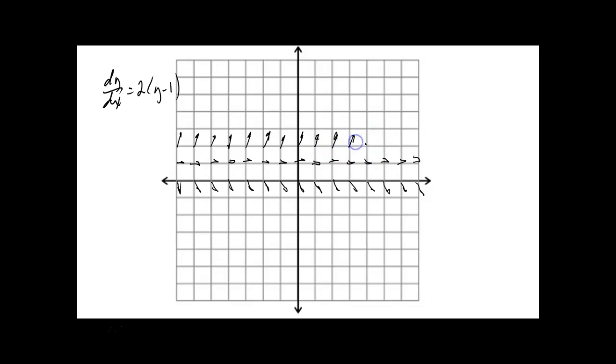Greater than +1, but not super steep. And you can go on for any value of y you choose. y equal to -1 would be a -4, so that's even steeper. And +3 would be a +4, even steeper. In fact, the higher you get, the steeper, the further away from y equal 1.